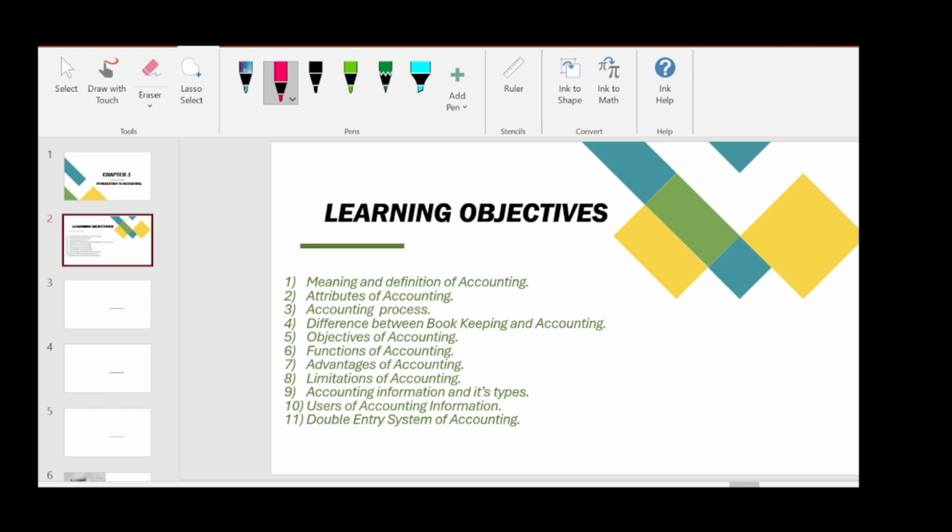So accounts is mainly for knowing the profit earned by the company and the financial position of the company. And with these, many users will take informed decisions.